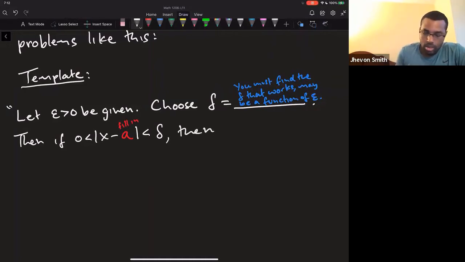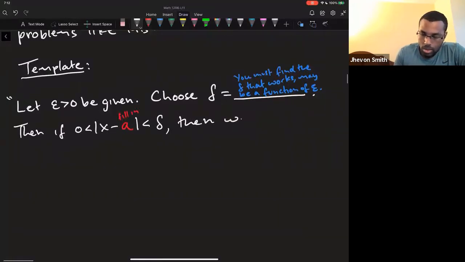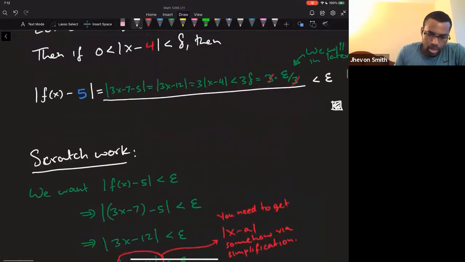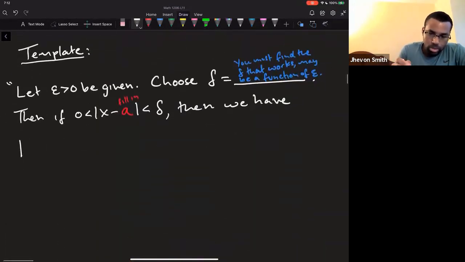Then we have the absolute value of, what did I put L in? Blue. So maybe I'll put this in green.